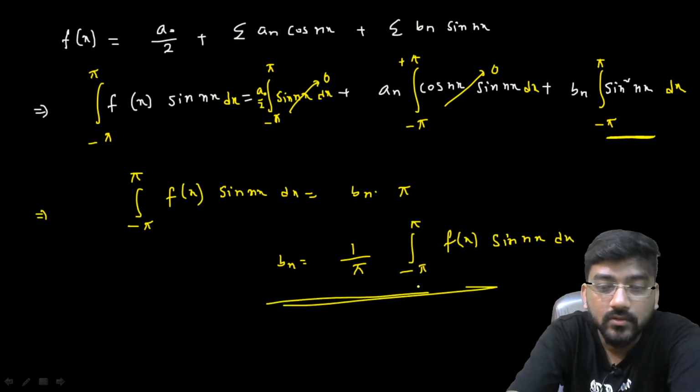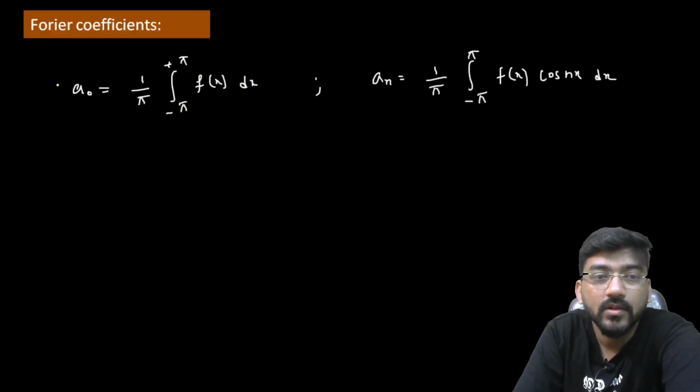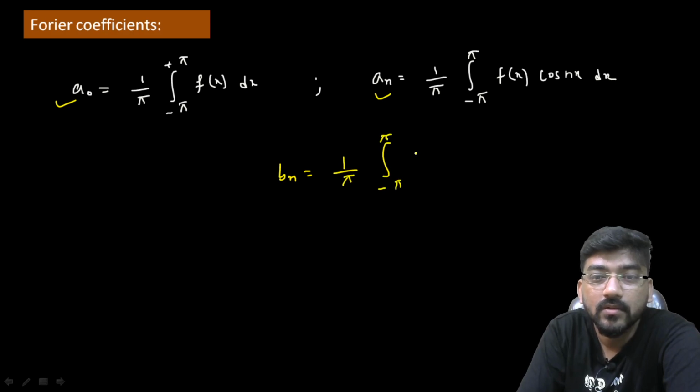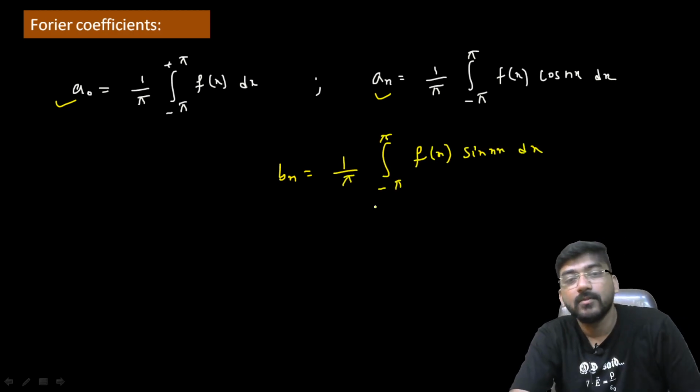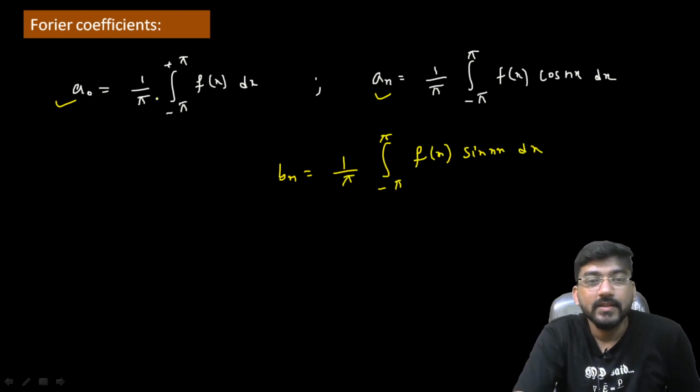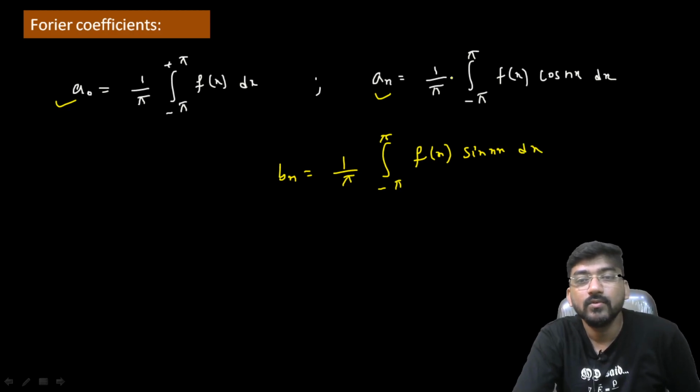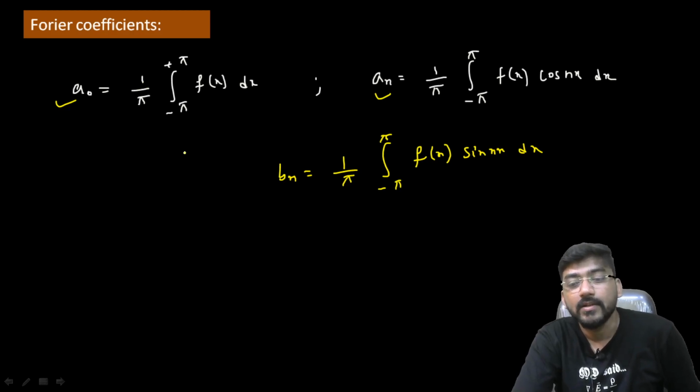So we have got a0, an, and bn, where bn is 1 by pi integration minus pi to plus pi f of x sin nx dx. These are the Fourier coefficients, and you can see the symmetry, 1 by pi here also, 1 by pi here also, 1 by pi here also, and this symmetry is coming due to the factor 2.